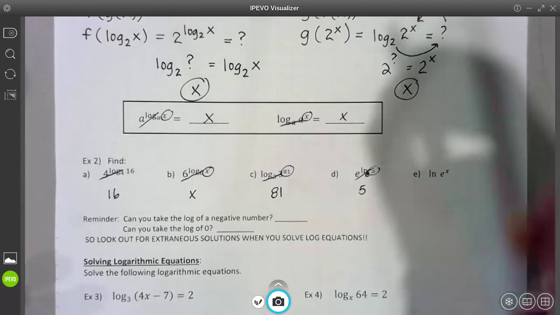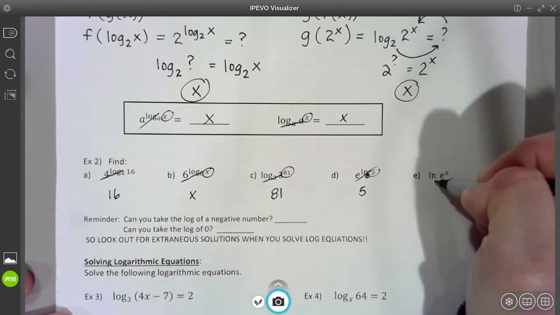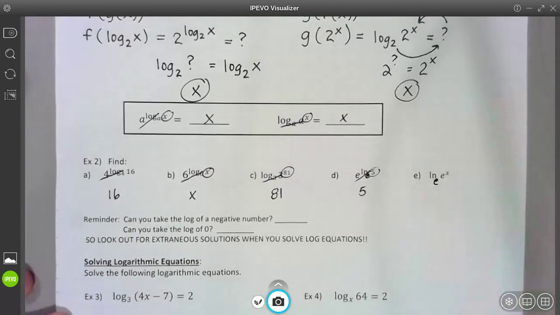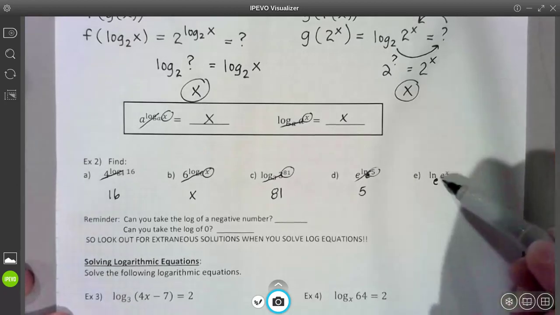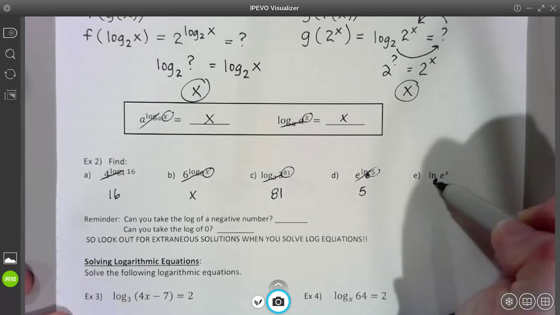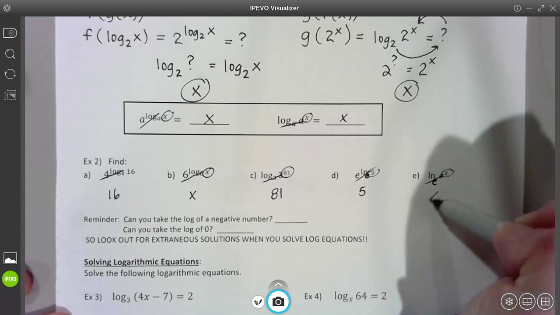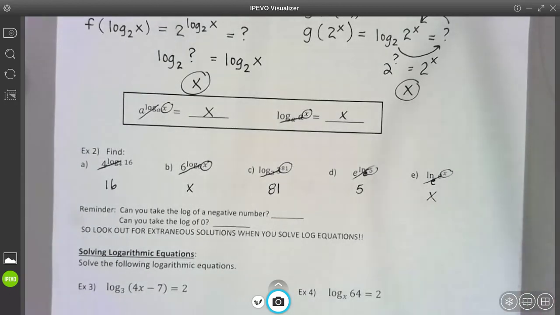And then last, if I have the natural log, which is assumed to be base e, of a base e exponential, they're going to cancel and leave you with that x value. Is everybody okay? Everybody good? Okay. So we're going to use that to solve our equations.